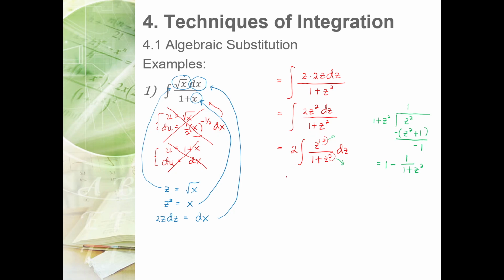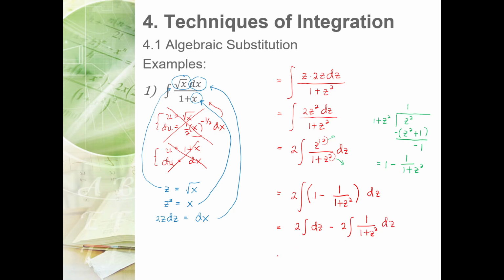Okay, so instead of having this one, we have 2 integral of 1 minus 1 over 1 plus z squared dz. So let's try separating this one, because I think the second term is a complicated integral, or at least it looks complicated.